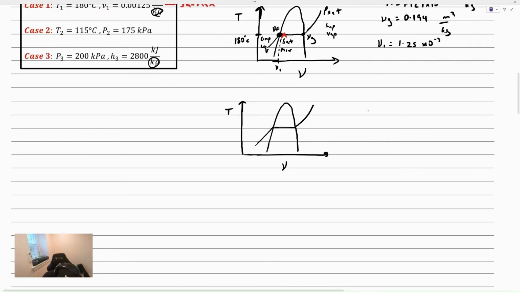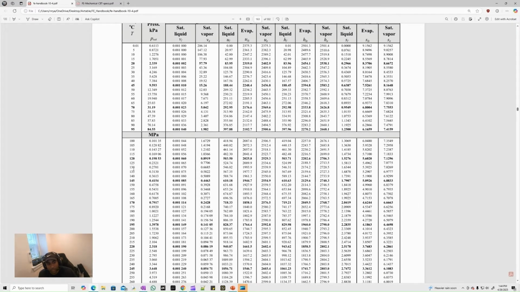So at 150 degrees C, which is our temperature that we're given, we will have a saturation pressure. And we have a given pressure, P2, that we're not sure how it compares to the saturation pressure. So that's the information that we need in order to fix our thermodynamic state. If we go at 115 degrees C, what I'm seeing is that the pressure is 0.169 MPa or approximately 170 kPa.